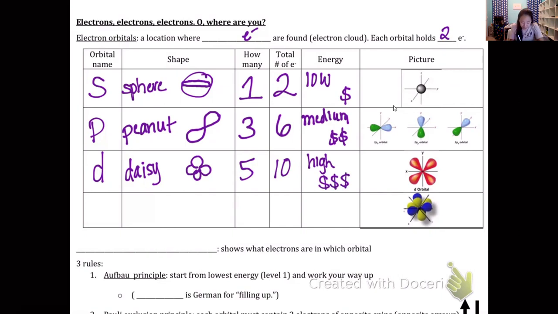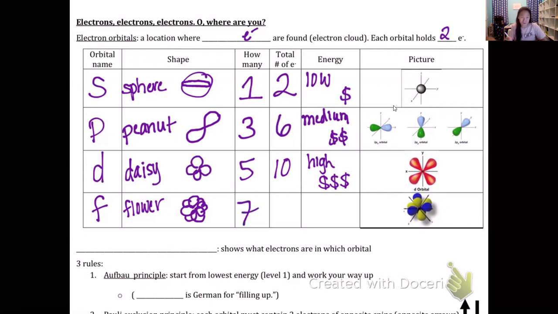The last one is the f orbital. We're not going to spend too much time learning about the f orbital, but it's really crazy looking. So I like to just say it's like a really crazy flower. It has lots and lots of petals, and it's really hard to describe. You can look at the picture over there, but it has a lot of petals, a lot of things going on. This is a really big orbital, really big house.